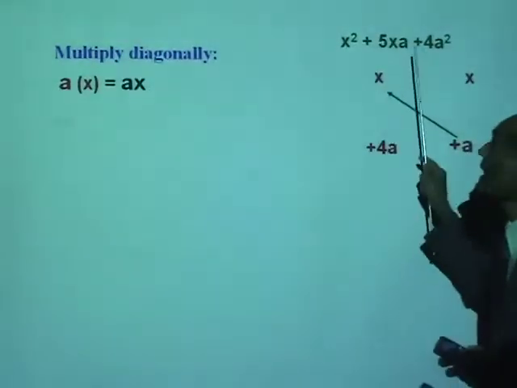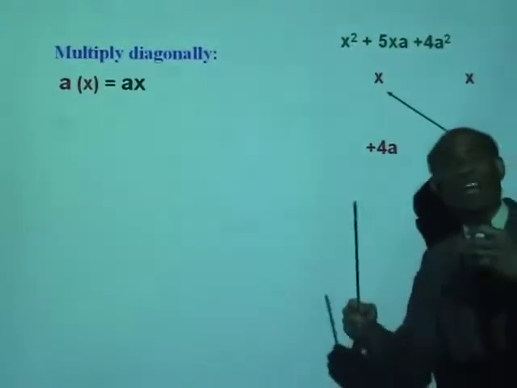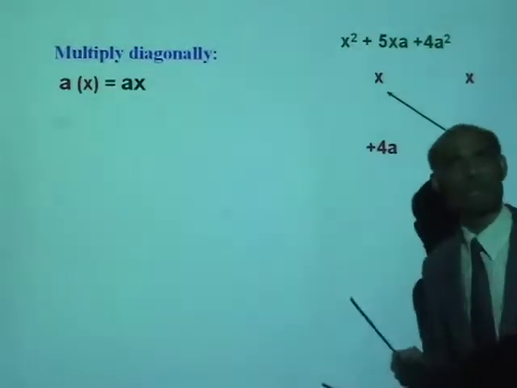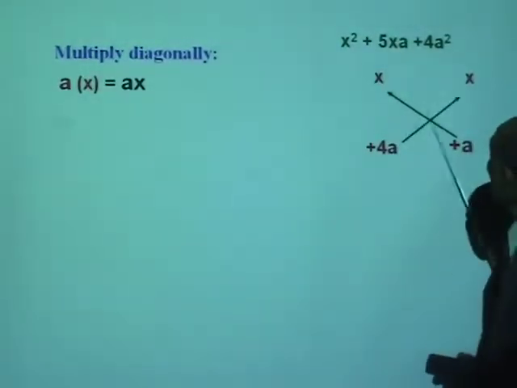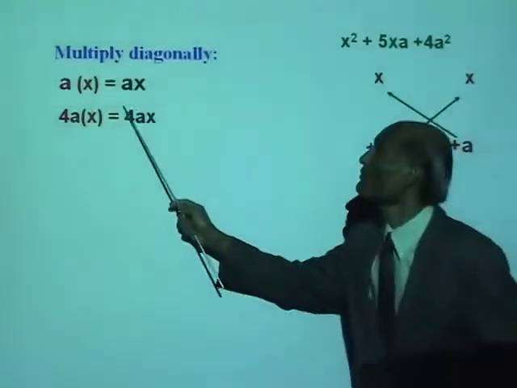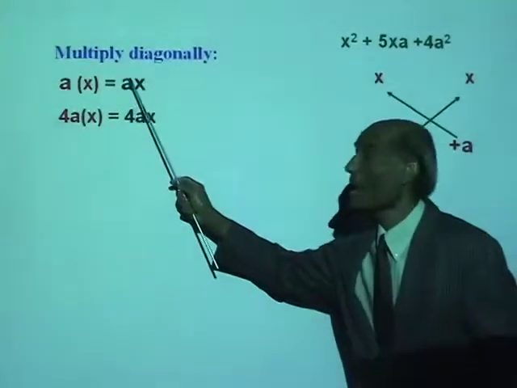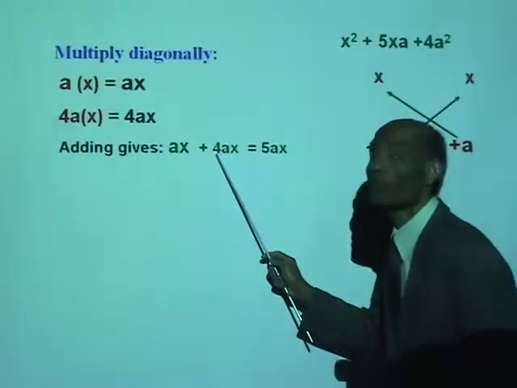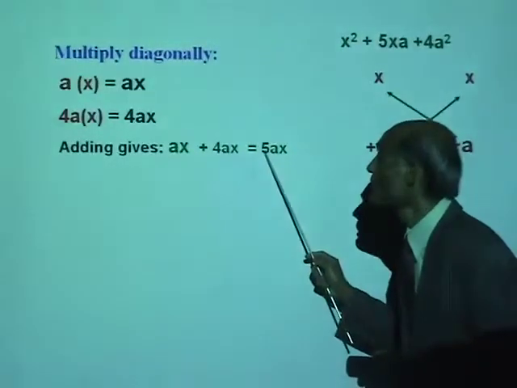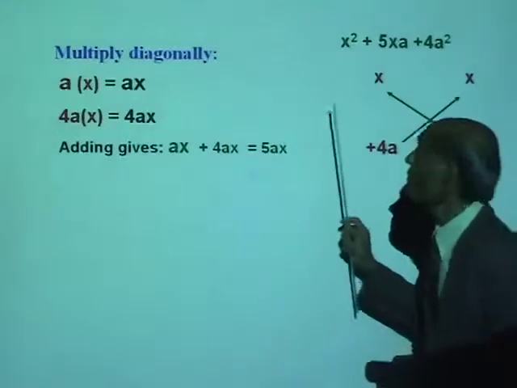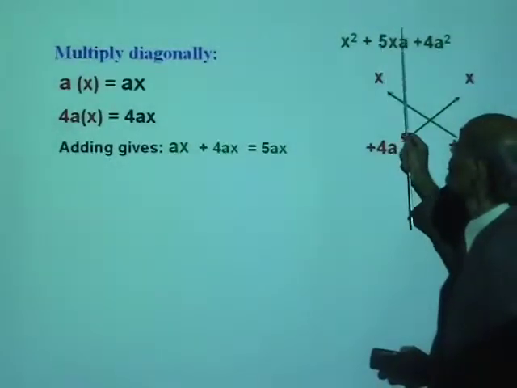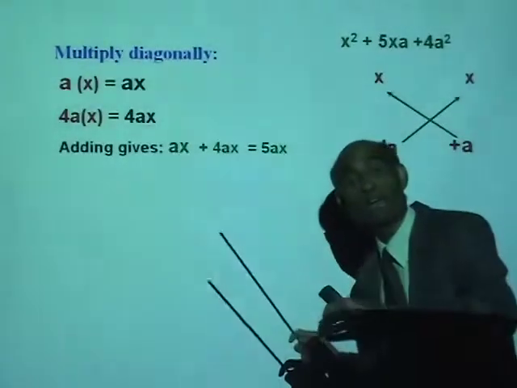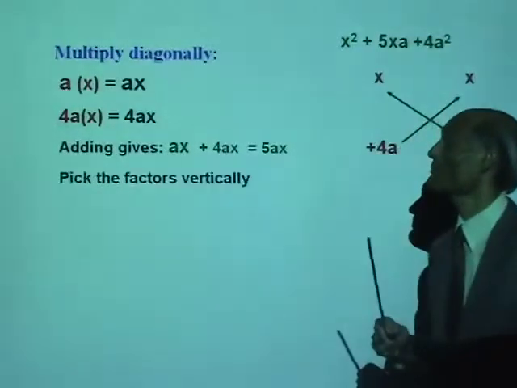Now, remember that xa and ax are the same thing. And 4a times x is 4ax. Adding them together gives you ax plus 4ax is 5ax. 5ax is the same as 5xa. We got the middle term.